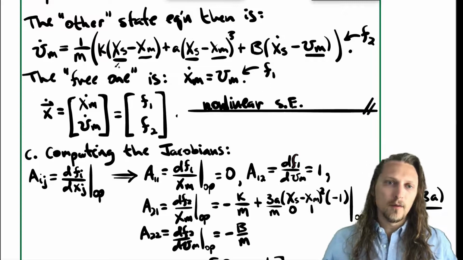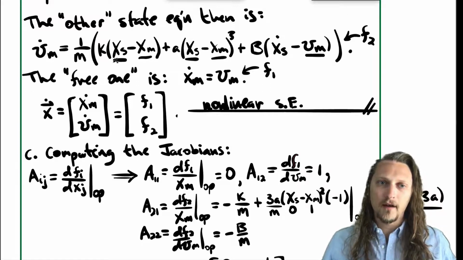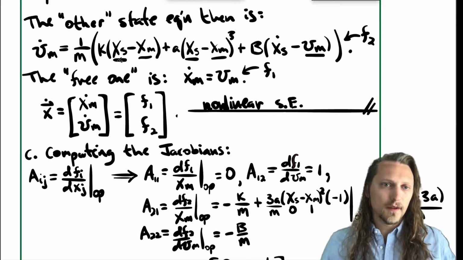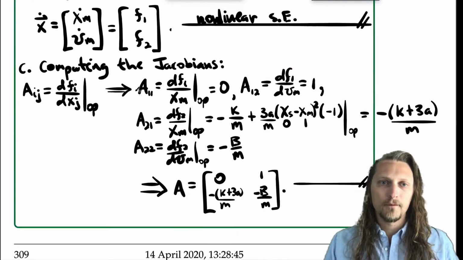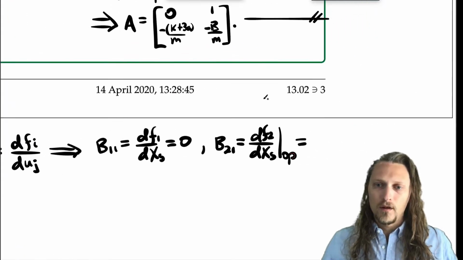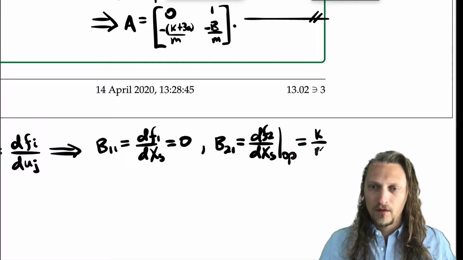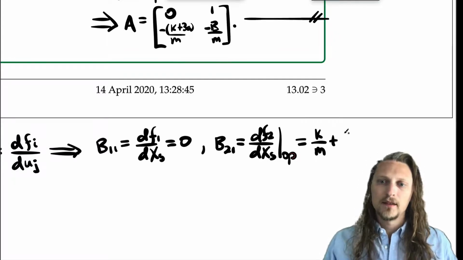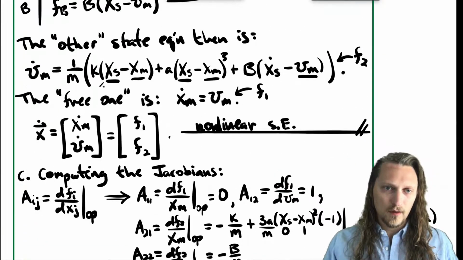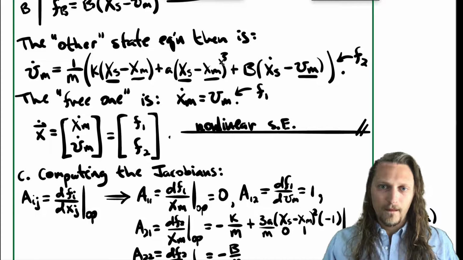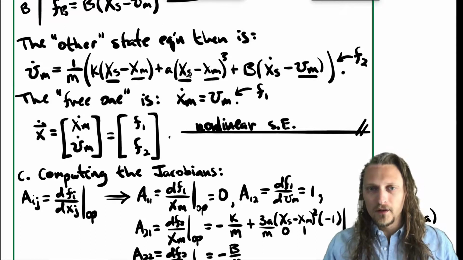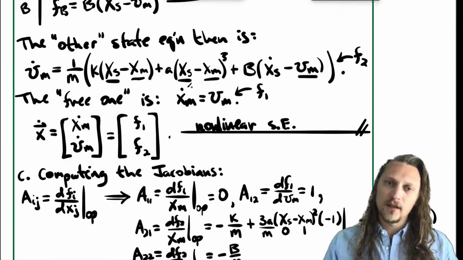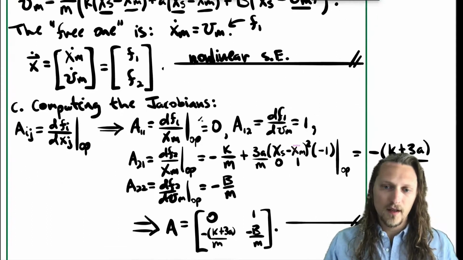These two xs terms are going to have non-zero derivatives. So we'll have k over m for the first one, plus the other term, which is 3a over m times (xs minus xm) squared times 1, since the derivative of xs with respect to xs is just 1.